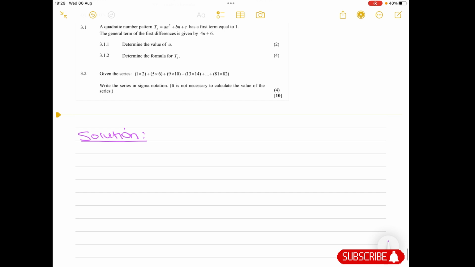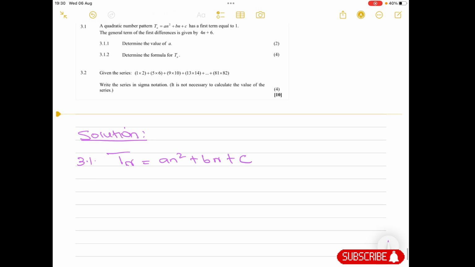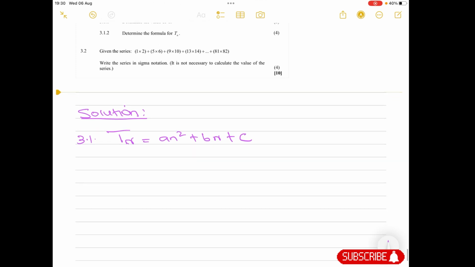In our solution, we have to take note of the information given to us. We are working with a quadratic number pattern equal to an squared plus bn plus c. And we are told that the first term is equal to 1.